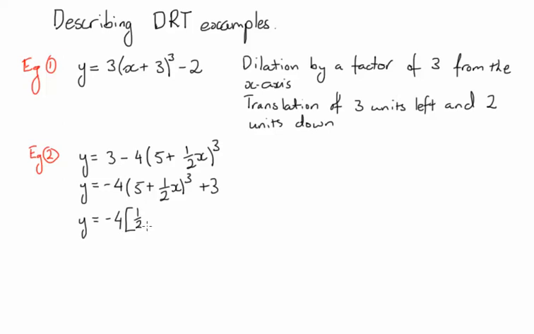I'm going to take out the half. Well, if I take out a half from 5, that's going to leave 10, because half of 10 is 5. And then we've got plus x, like that, and that's still all cubed. This is happening inside those brackets, and then plus 3.